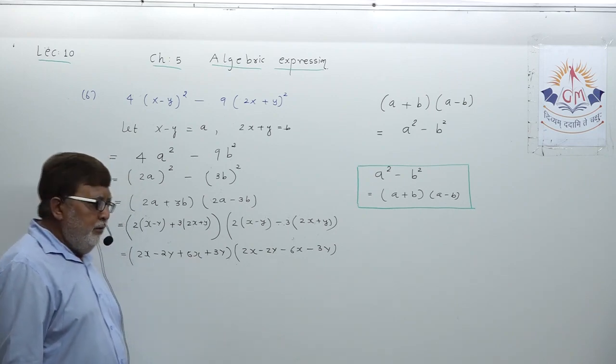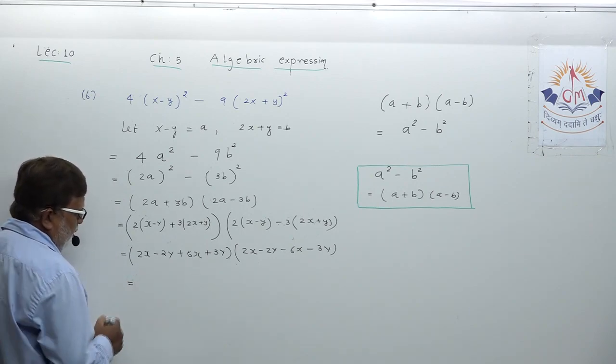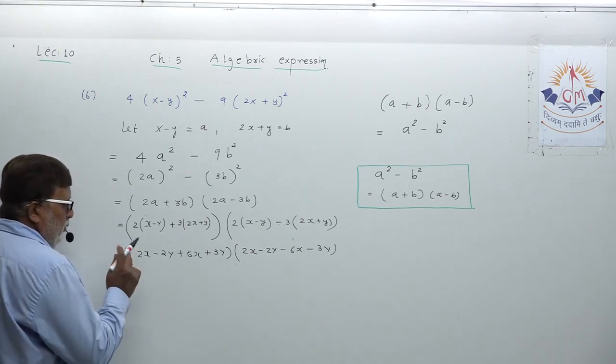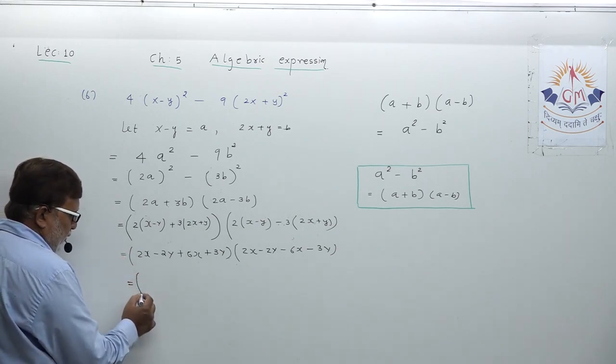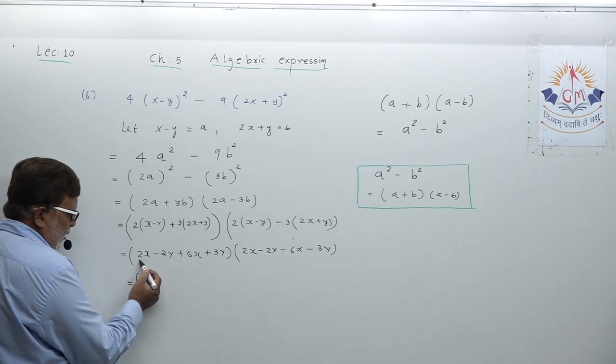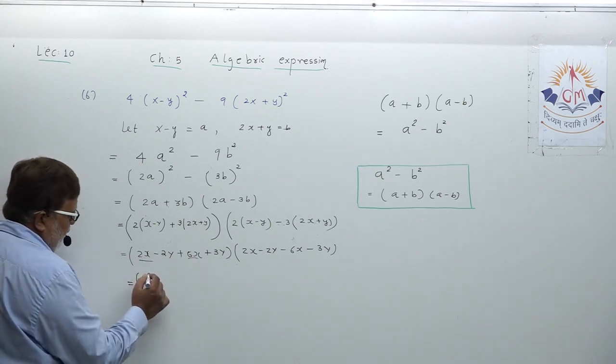Okay. Now the question of solving the like terms. Are they in the first bracket? Yes. Plus 2x plus 6x, 8x.